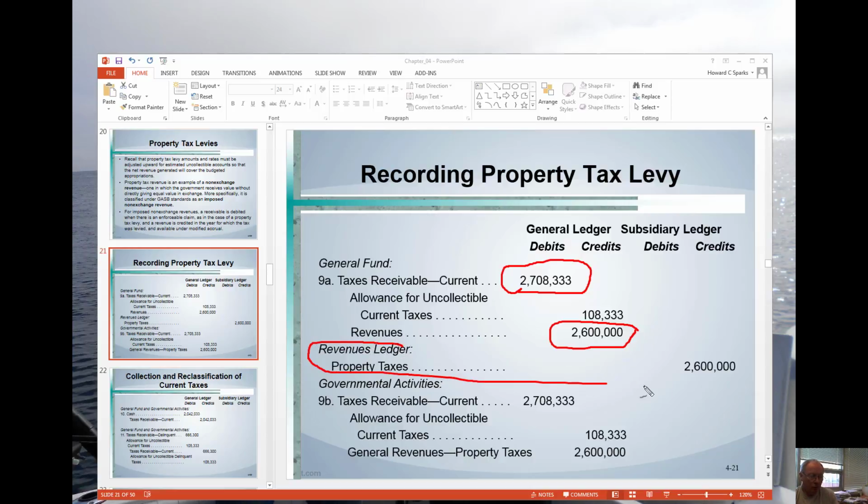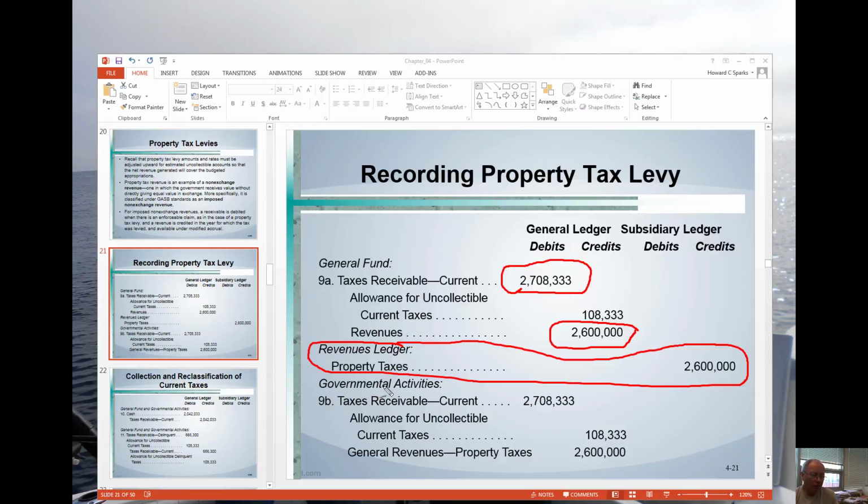And then here's this related subsidiary entry. That's just showing how it goes in. And typically, as we'll see in some problems, you actually have multiple revenues being recorded at one time, and that's why you have a detailed ledger. That keeps track of revenues by source in the general fund or government activities.